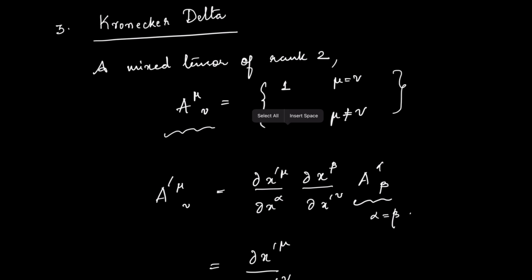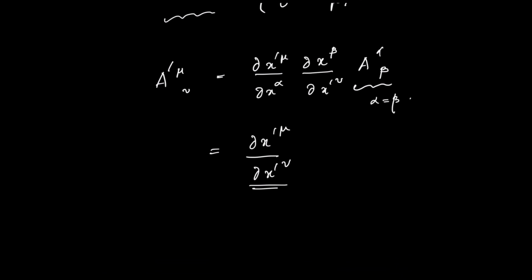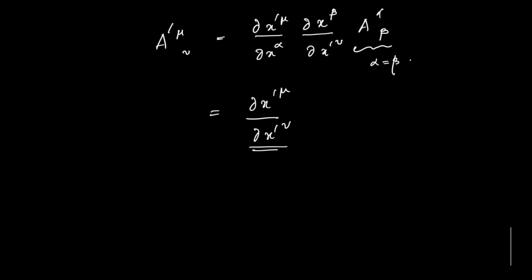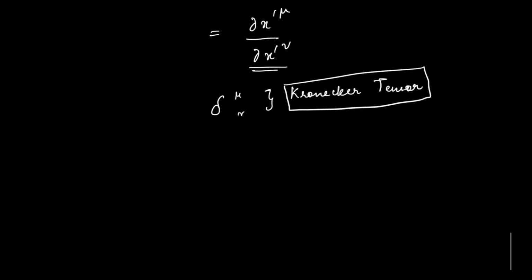Thus, the mixed tensor possesses a remarkable property: the values of its components are defined once and for all for every system of coordinates. So we denote this tensor by the symbol δ^μ_ν, the Kronecker tensor, and we refer to it as the fundamental mixed tensor.